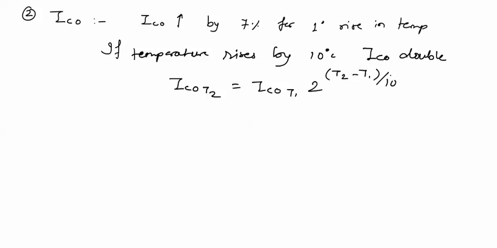According to this formula, if we put here the value of ICO at any temperature, at any another temperature, it can be calculated using this equation. And we know that if temperature rises by 10 degrees Celsius, ICO doubles itself. So with increase in temperature, ICO increases.